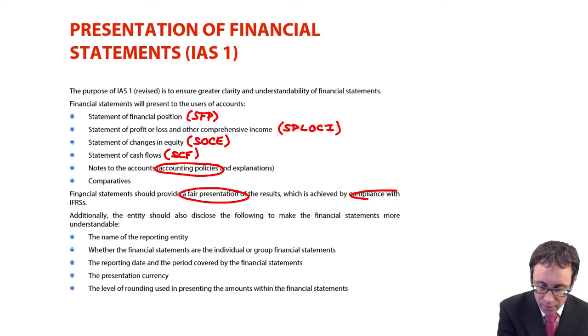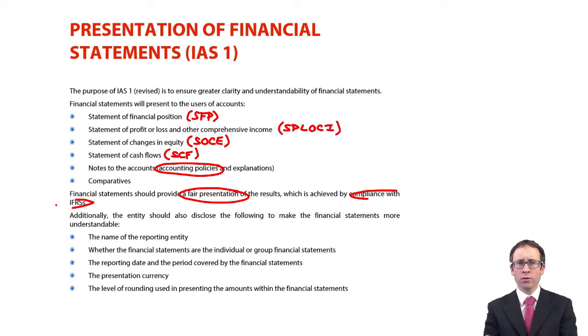So if you follow all of the rules that govern your international accounting standards or your international financial reporting standards, then you will have a fair presentation of the assets, the liabilities, the income, and the expense.